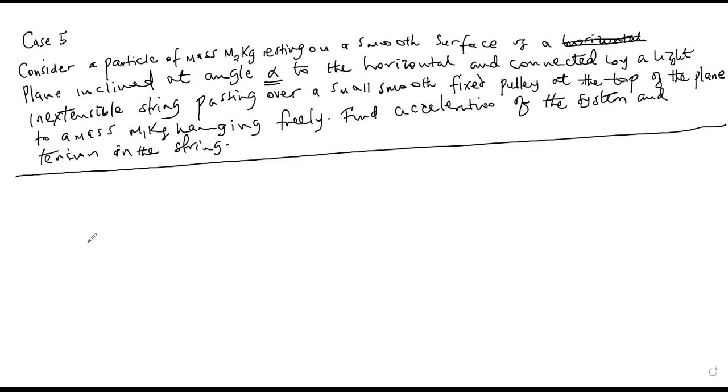Looking at this, I need to first sketch. This is my plane, and doing my plane, it is inclined at a certain angle, alpha, and then here is placed my body of mass m2 kilograms.